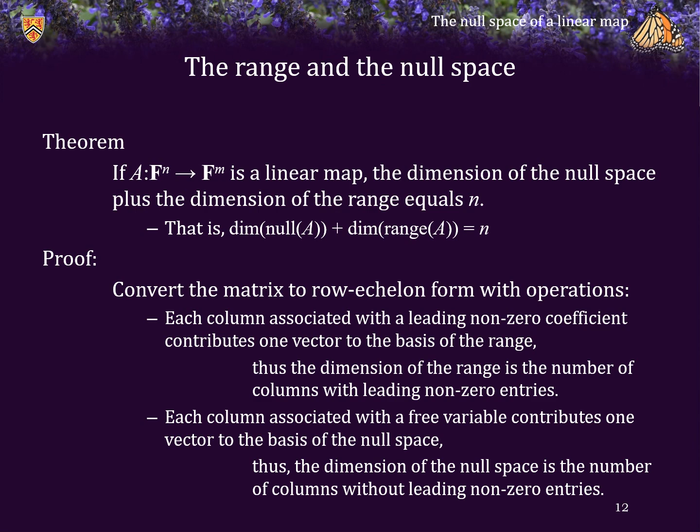Thus, the dimension of the null space is the number of columns without leading non-zero entries. Well, there are n columns, and each column either has a leading non-zero entry or does not. So, however it works out, the sum of these two must add up to n.